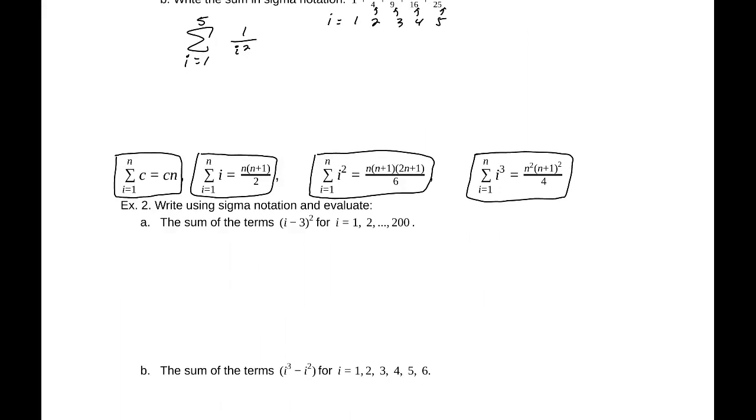The sum of the terms I minus 3 squared for I equals 1, 2, 3, all the way to 200. So this is starting at I equals 1, going to 200 of I minus 3 squared. Okay, so I equals 1 to 200. That would be I squared minus 6i plus 9.